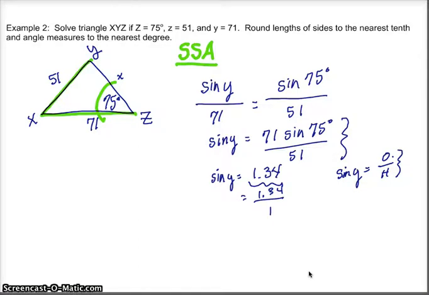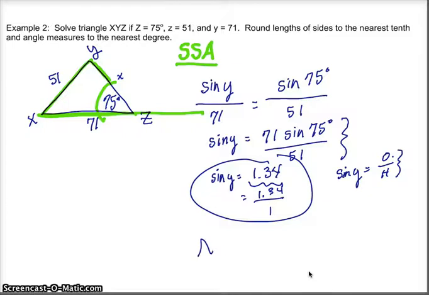What that means is we have two sides that are given, but this third side is not long enough to go all the way down to side XZ. This was one of the scenarios you found during the triangle challenge. So because the ratio for sine is greater than 1, we know that no triangle exists.